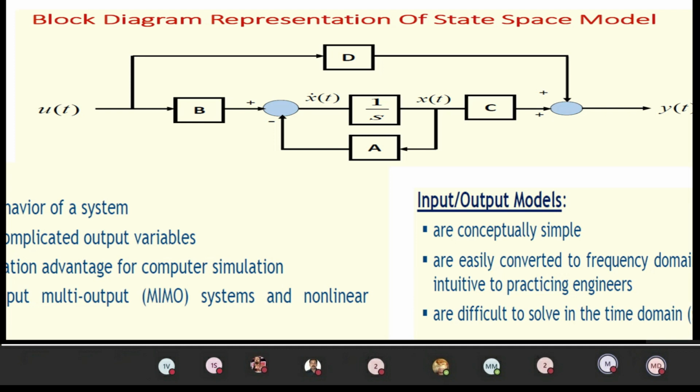Now we have a state equation and an output equation, and from these two equations we can draw the state diagram for the given system. Generally the output equation is C into x of t plus D into u of t. That means from the input variable the signal comes, its coefficient is D, therefore D into u of t will come.